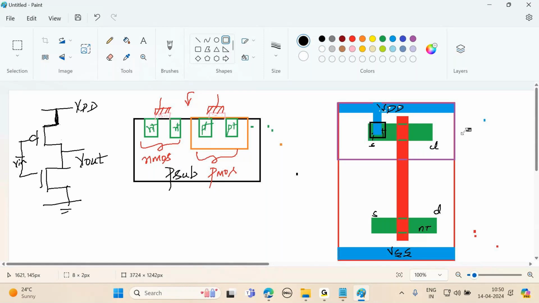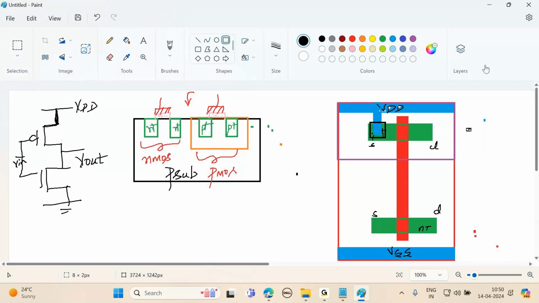Because this VDD is a metal layer and this green color is a P plus region. It is semiconductor. So here you are going to form one contact cut. Contact cut is some metal you use to connect from there to here. Bottom you have semiconductor, top you have metal. Resistance is going to change from semiconductor to metal. So you do a contact cut.